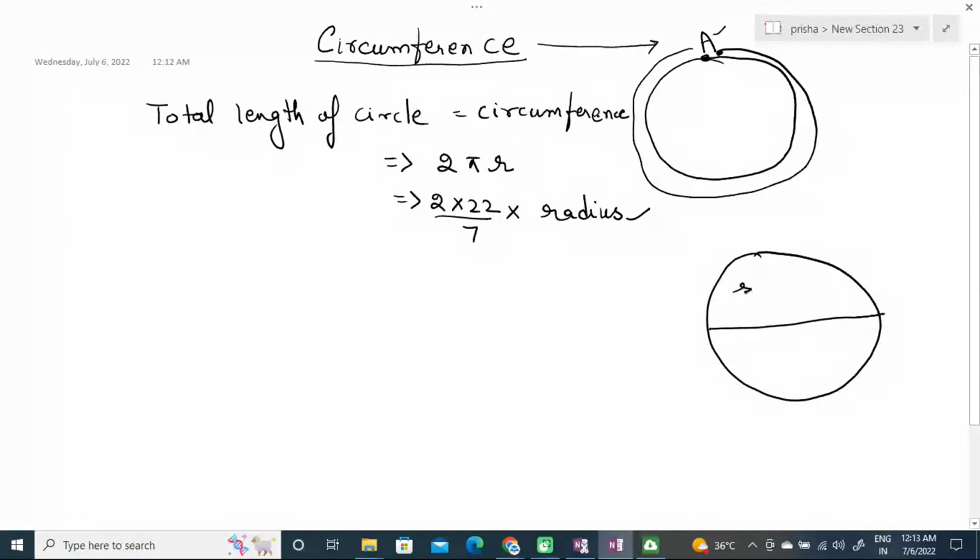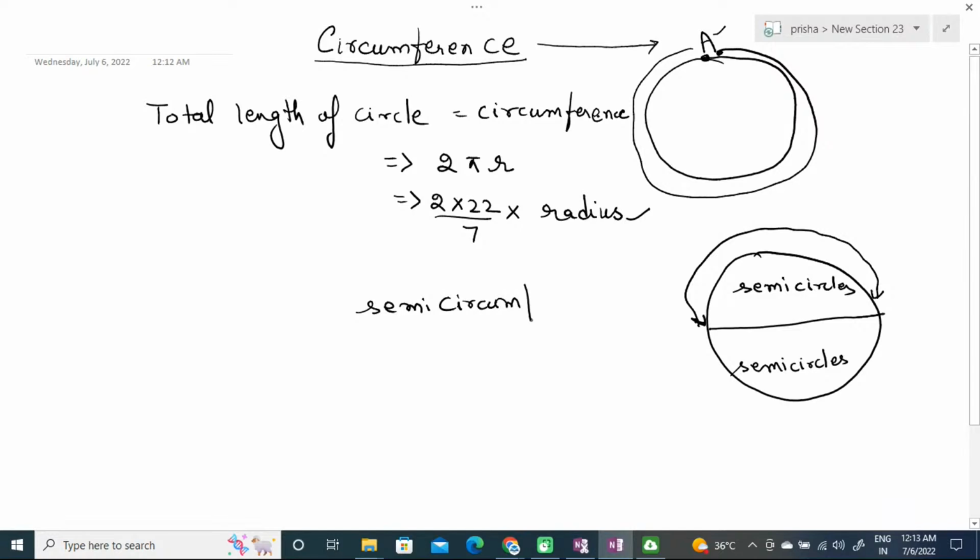Now, for example, if we have a circle which is divided into two parts, these are the two semicircles. So the length from here to here, this portion, is the semi-circumference, and we can say it as semi-perimeter.